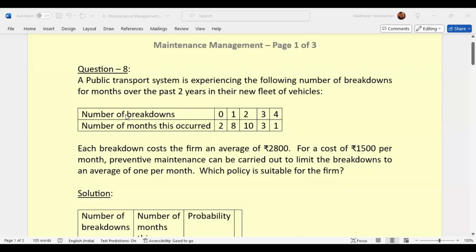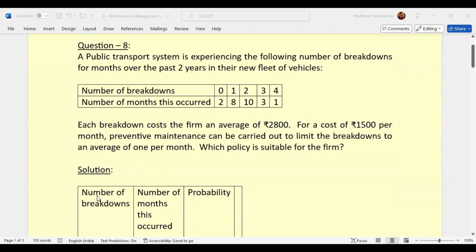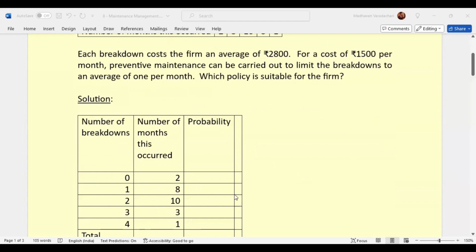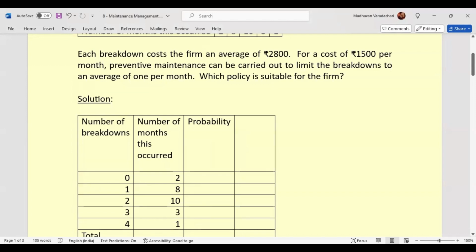So for the same data, I just made it a transpose: number of breakdowns in the first column, number of months in the second column. We are going to calculate the probability, and then for finding out the average number of breakdowns, we'll be calculating in the next column xi. For example, this number of breakdowns we'll consider as variable x, so we'll call it xi.